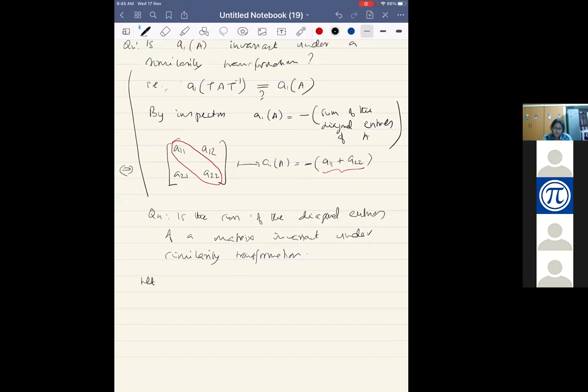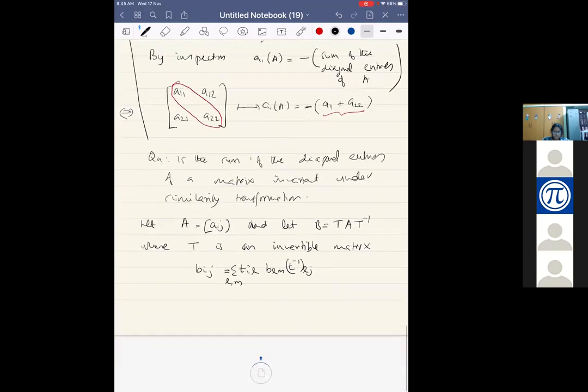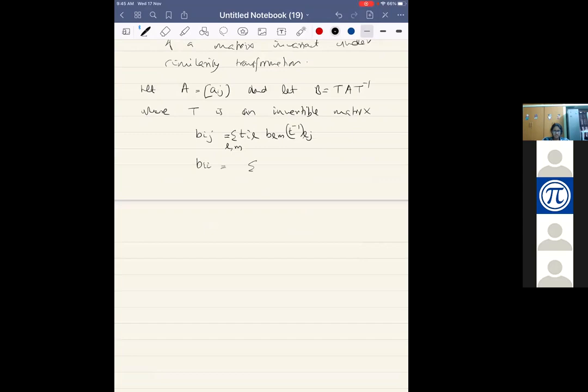Let A equal an n by n matrix A_ij, and let B equal T A T inverse, where T is an invertible matrix. So B_ij is the sum over l, m of T_il A_lm T inverse_mj. So B_ii is the sum over l, m of T_il A_lm T inverse_mi.